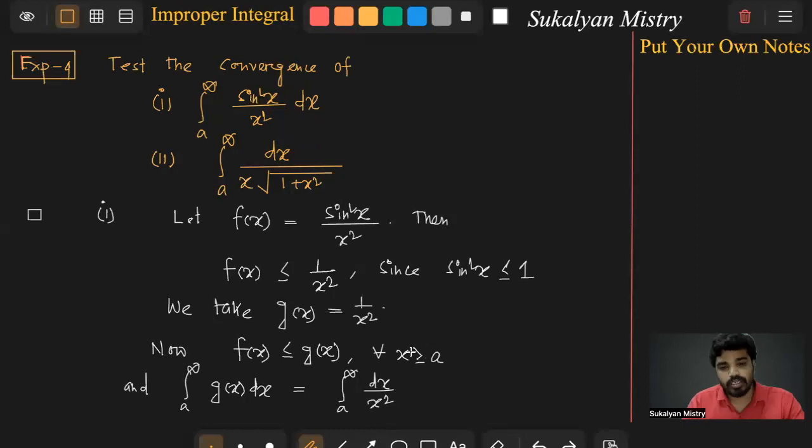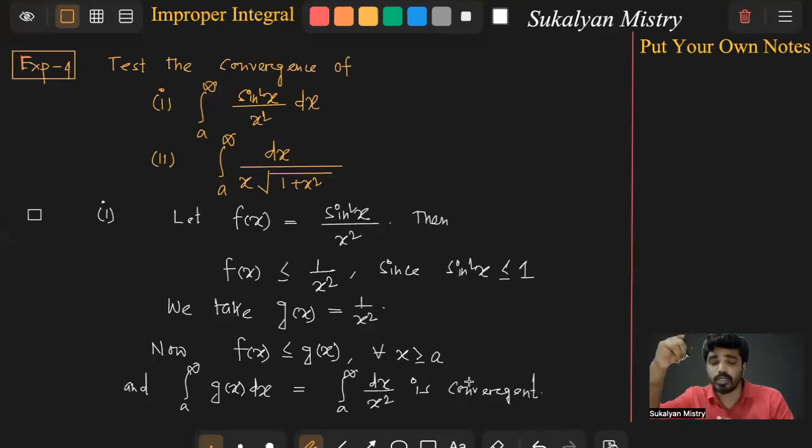Clear? Getting my point? We know that integration a to infinity dx by x to the power n is convergent if n greater than 1, and this is divergent if n less than or equal to 1. Here n is 2, which is greater than 1, so this integral is convergent.